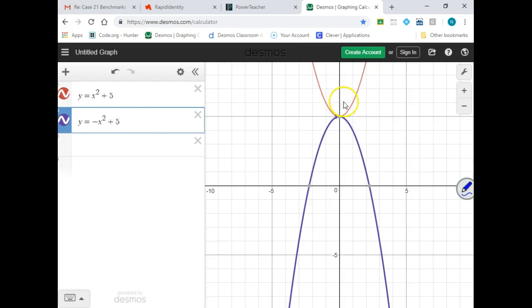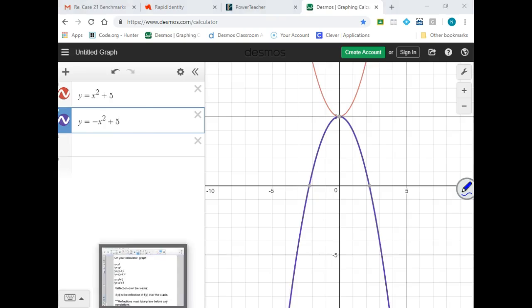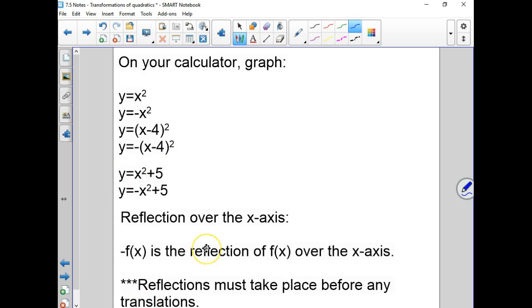Notice that this graph has been flipped upside down. Now this time, the graph doesn't look like it's been flipped over the x-axis. It's been flipped right there at that vertex, but what has happened is it's been flipped first and then moved up 5.